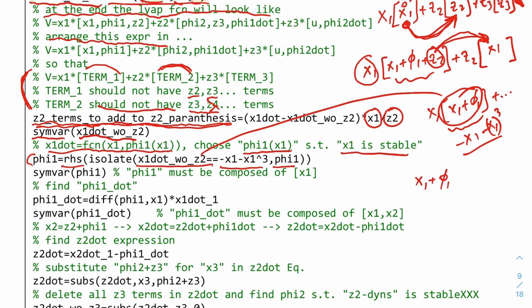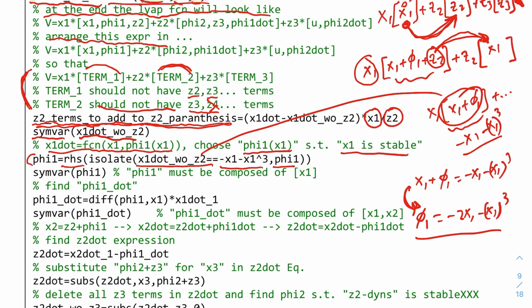So here you would just write phi 1 equals that, without even knowing it, and this is how MATLAB does that.